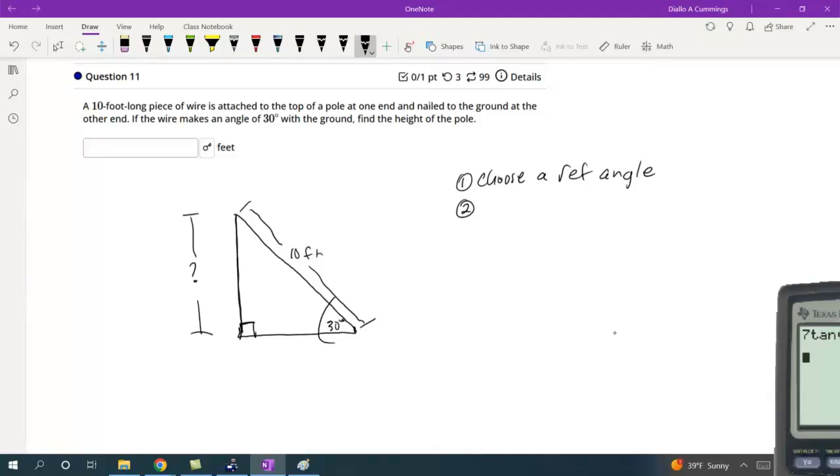The second thing we're going to do is label the sides of our right triangle. So I always like to start with the hypotenuse. It's always opposite the right angle. The side length which we're trying to find, this is actually the opposite, right? It's opposite our reference angle. And then lastly, we have our side adjacent.